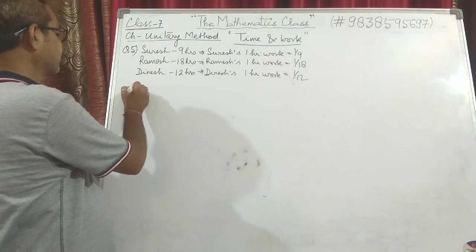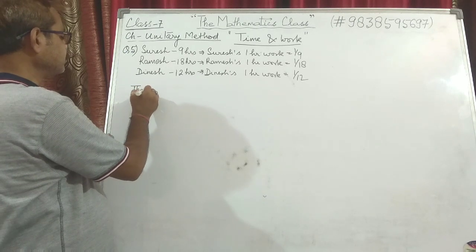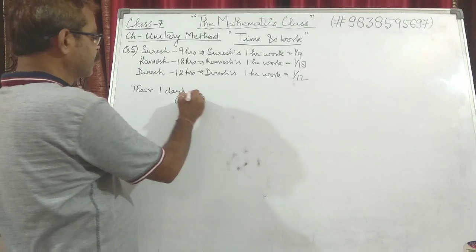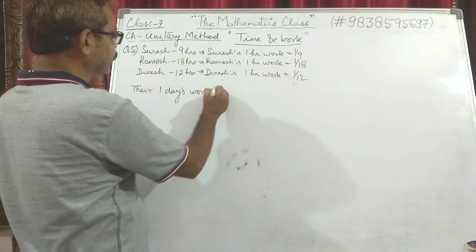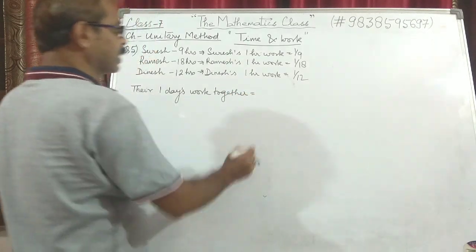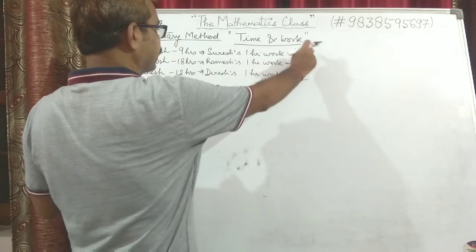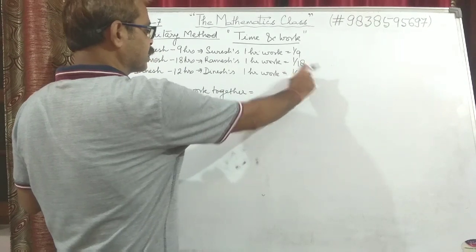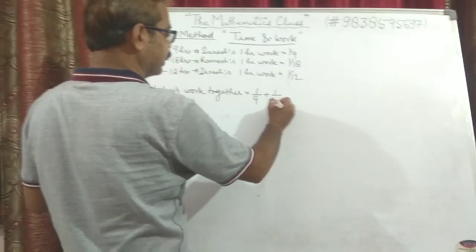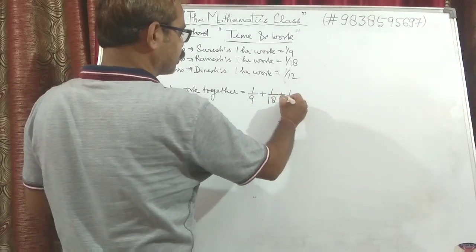So their 1 day's work together will be, we will add the 1 day's work of Suresh, 1 day's work of Ramesh and 1 day's work of Dinesh. So that is 1 upon 9 plus 1 upon 18 plus 1 upon 12.